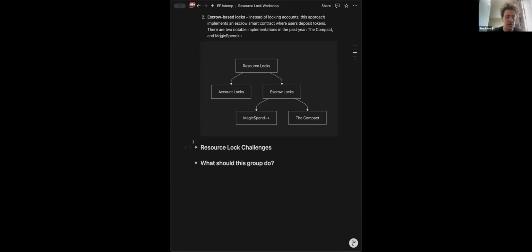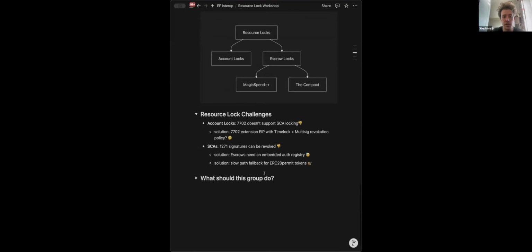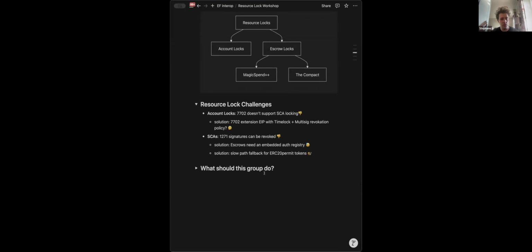So this begs the question: what are the challenges with resource locks that have been identified? Thank you to the people that participated in the chat on Telegram; I just pulled those from there. The first is that 7702 doesn't support SCA-based locking.